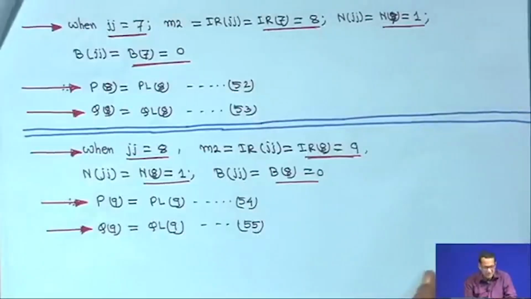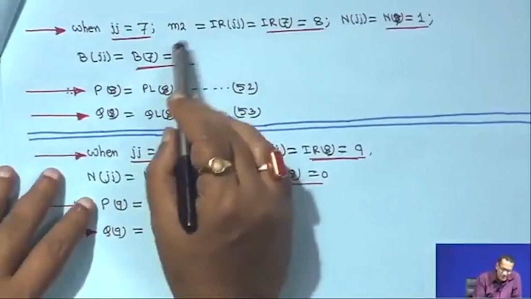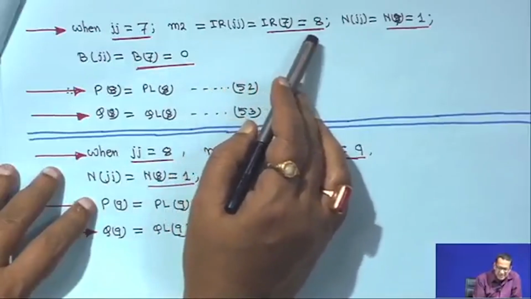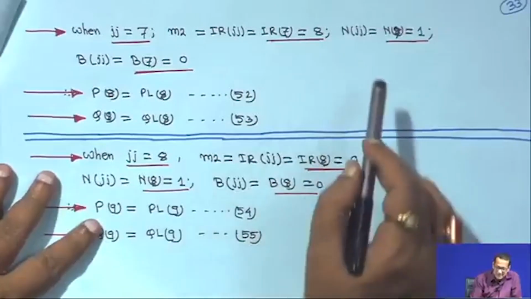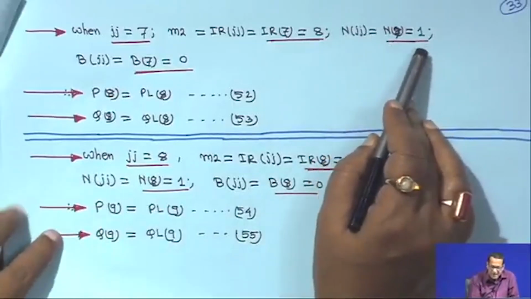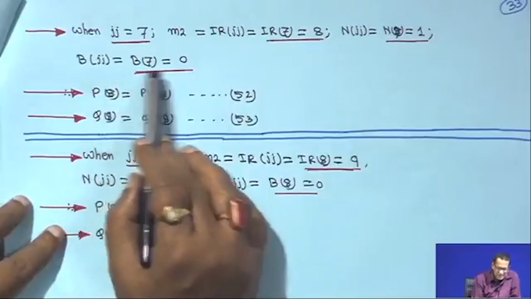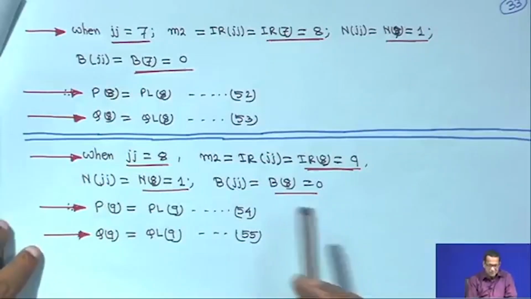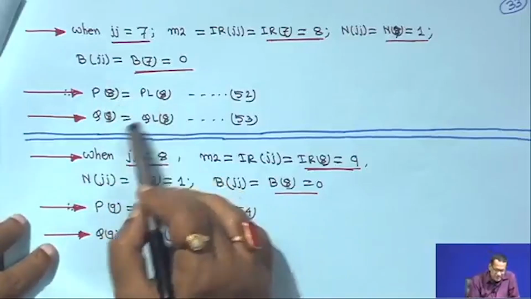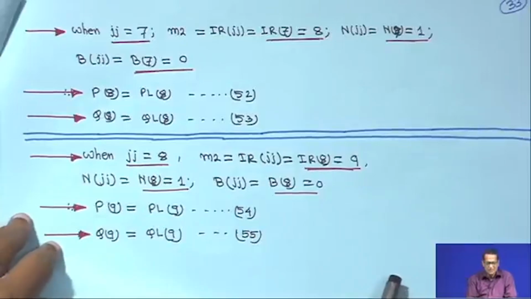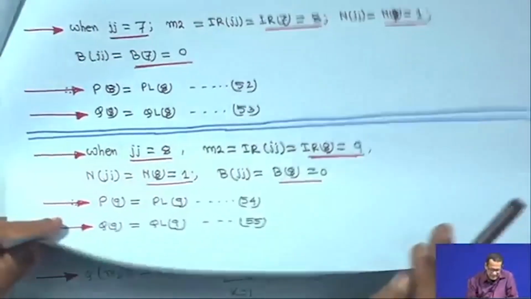When JJ is equal to 7, M2 is equal to IR7 is equal to 8, this is the last branch of the lateral branches, N7 is equal to 1, right, and B7 is 0, because beyond this branch there is no other branch. So, P8 will be equal to PL8 and Q8 will be QL8. So, the second term of equations 38 and 39 will not be there, because there is no other branch beyond this, right.